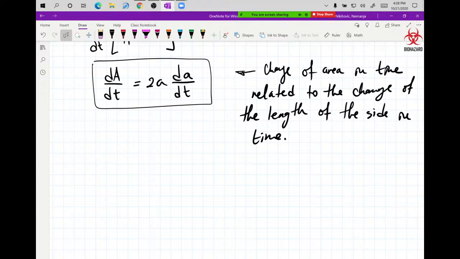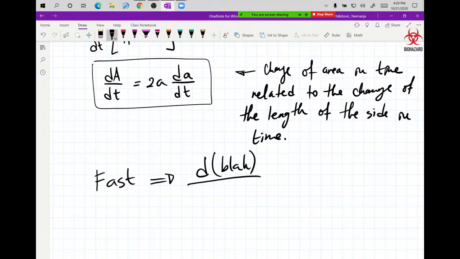Great. I can solve a problem in 30 seconds, right? I am faster because we are comparing the times in which you can solve the problem and in which I can solve the problem. So that's going to be the rate of solving problems in time. So the fast wording immediately means the blah over dt. I should have put this in red so you know exactly what the word fast means.